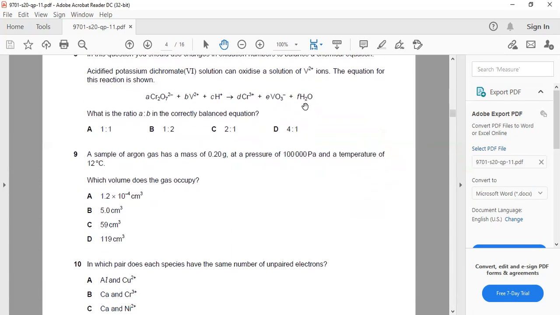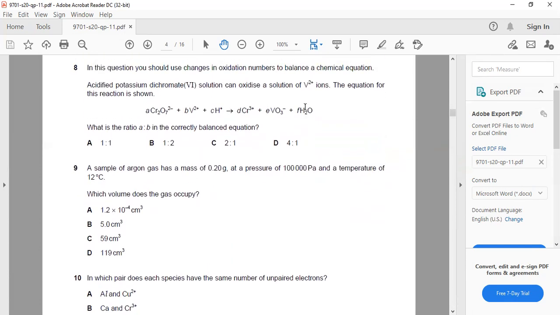8. Okay, for some of you, because you have not done this balancing of equation by oxidation number method, you should balance it.